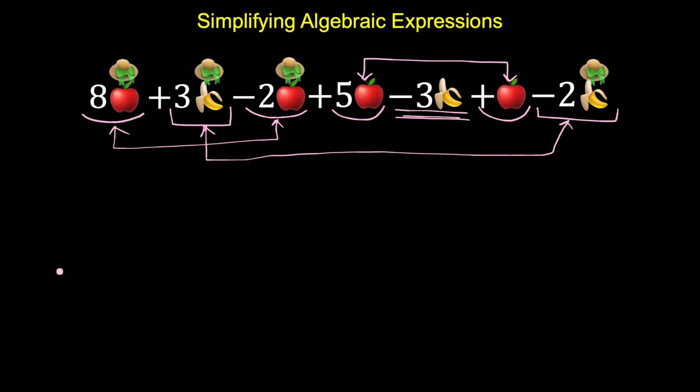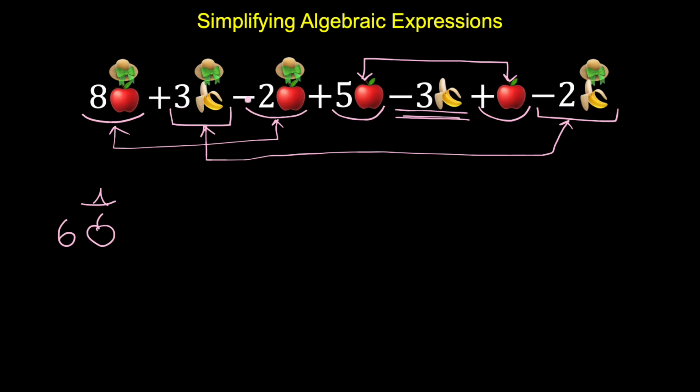And now we need to combine like terms. Okay, 8 apples with hat minus 2 apples with hat: 8 minus 2 equals 6 apples with hat. And next like terms are 3 bananas with hat and -2 bananas with hat.